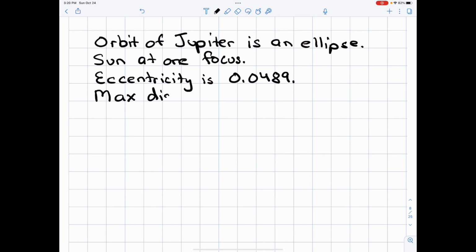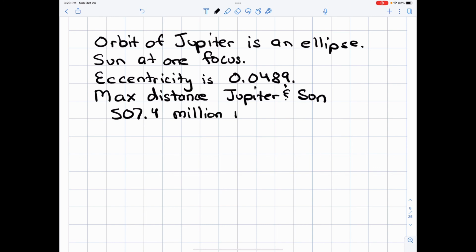The max distance between Jupiter and the Sun is 507.4 million miles. And we want to find the closest distance for Jupiter and the Sun.